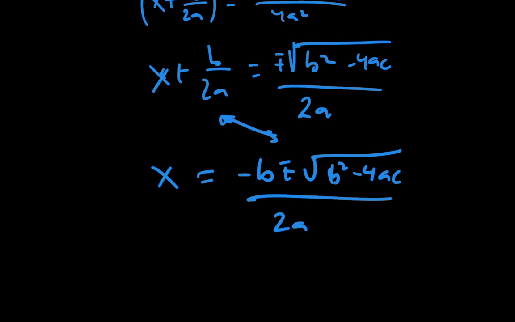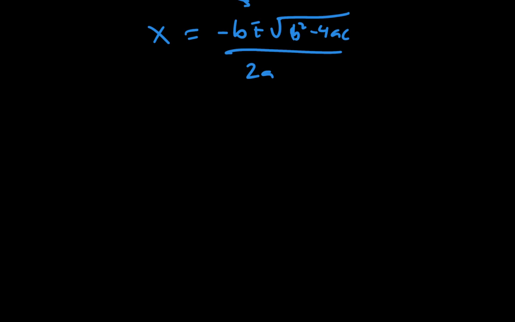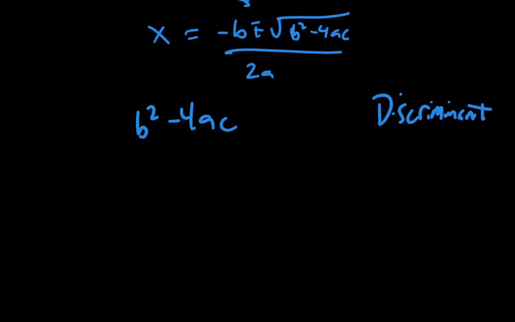Sometimes this doesn't have a nice solution, but sometimes it does. This b squared minus 4ac is known as the discriminant. And it determines how many times it crosses this x-axis. If b squared minus 4ac is greater than 0, there are 2 real roots.